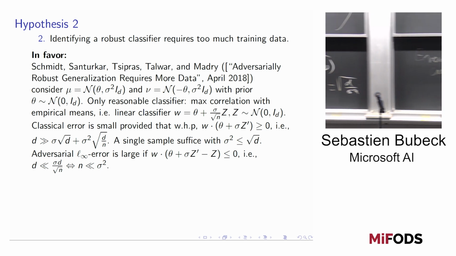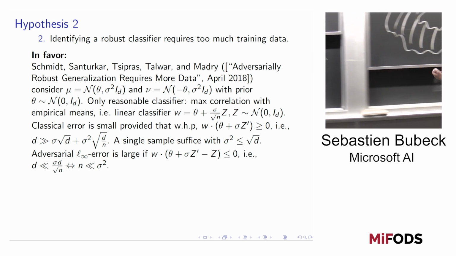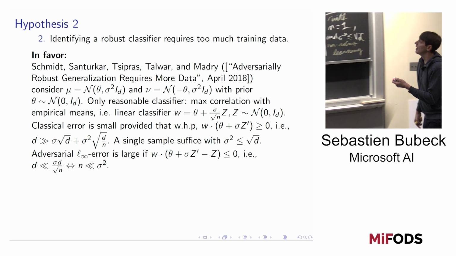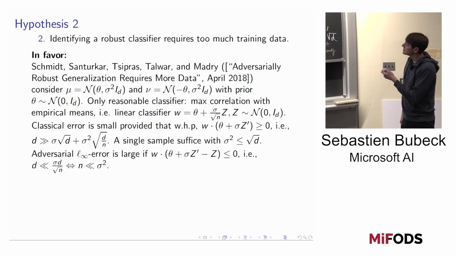So when you do this calculation, you will find that this is negative, meaning that you do get an error with high probability if d is smaller than sigma d over square root n. You see the difference is this sigma squared square root d became sigma d. And you just simplify the d, and you get n is smaller than sigma squared.